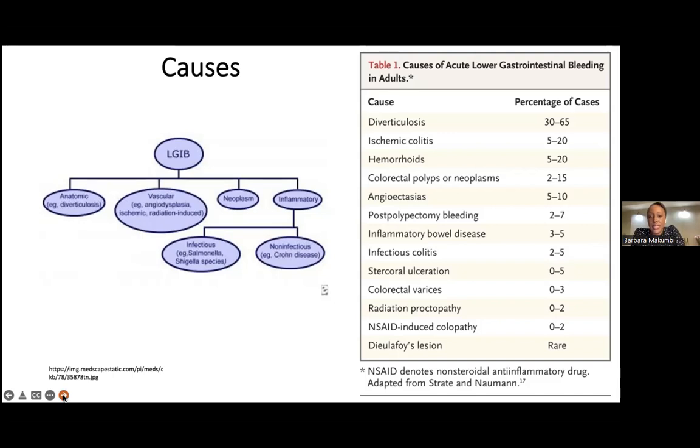You can have ischemic colitis, colorectal polyps and neoplasms, post-polypectomy bleeding, angioectasias, and the list that we can see on this slide. On the left-hand side, it was divided quite nicely into categories of anatomical, vascular, neoplasm, and inflammatory causes, with inflammatory divided into infectious colitis as well as non-infectious and IBD causes, which I thought was a very nice approach.